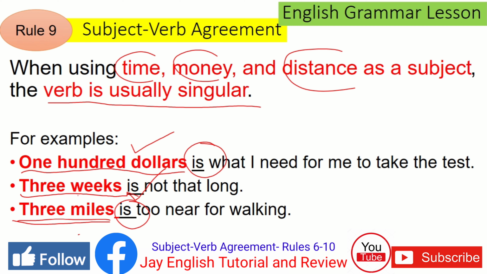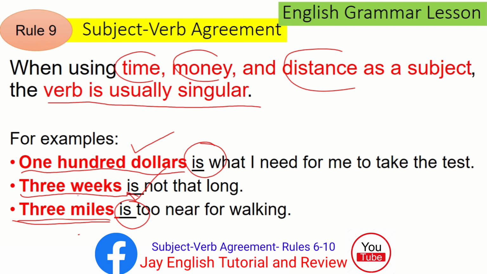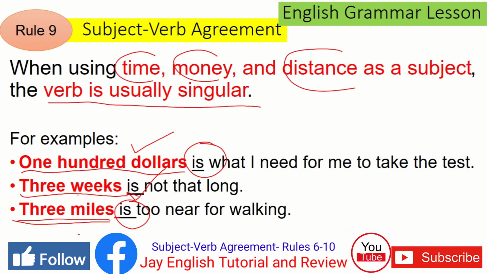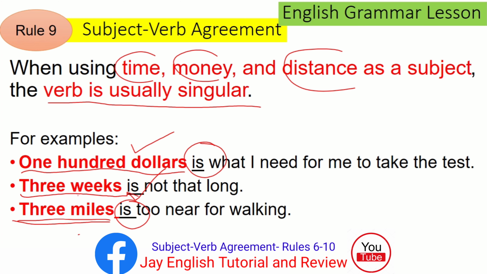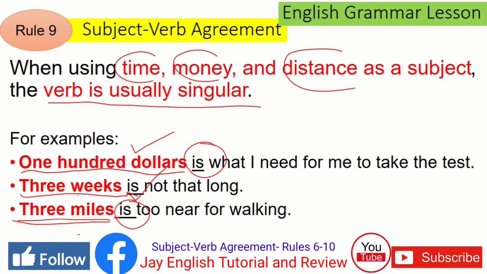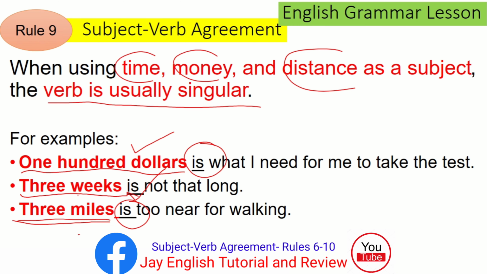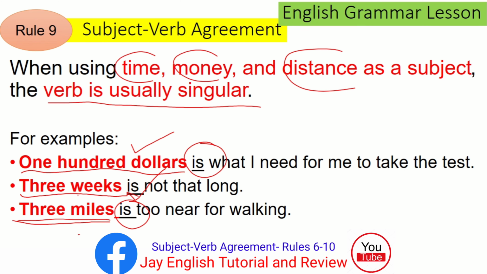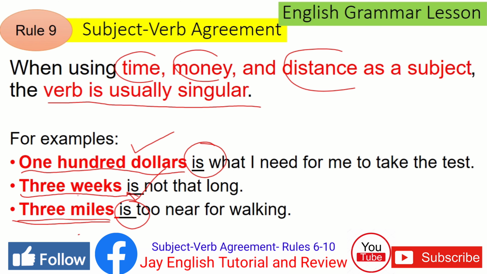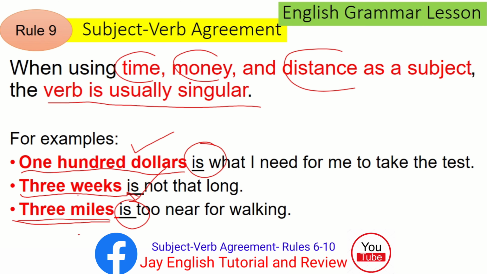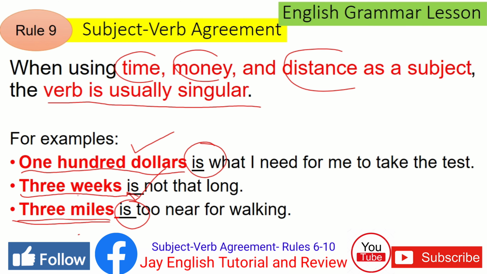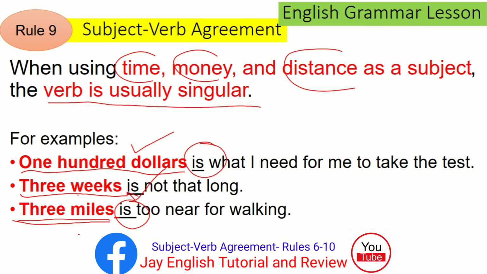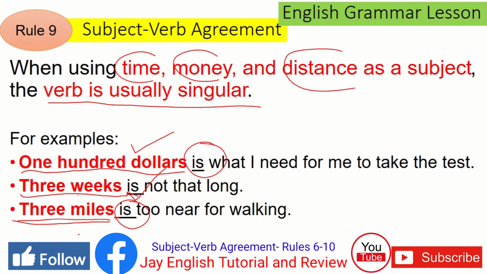So rule number 9 reminds us that no matter how big the amount of money is, no matter how long that particular time is, and no matter how long that particular distance is, you still have to use a singular verb.